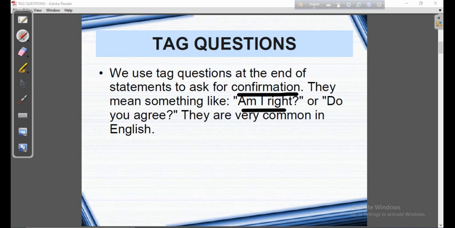So we add a question at the end of a statement to ask for confirmation, or to be sure whether I'm right or wrong. And making questions at the end of the statement to get confirmation is very common in English.